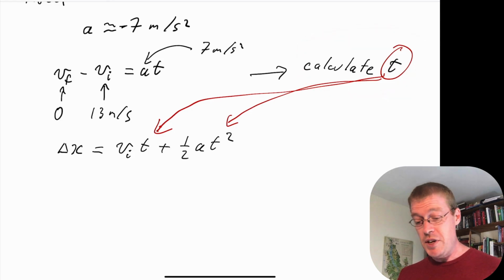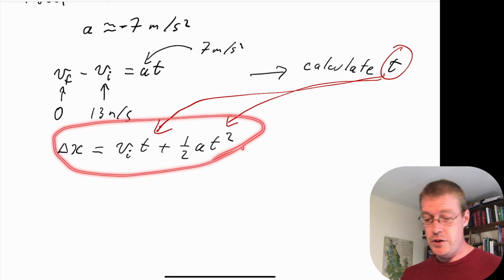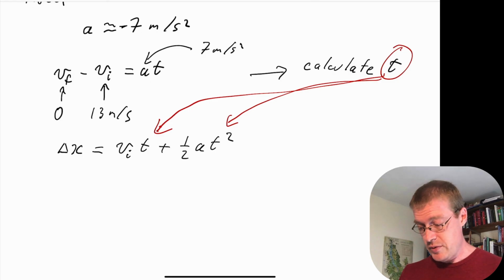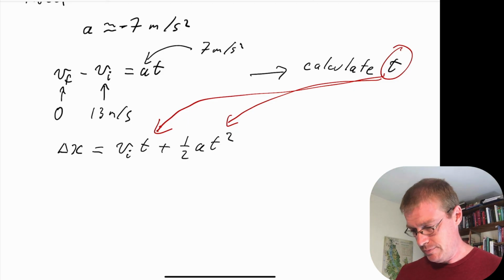Okay. Where it becomes really useful is if you're given the distance, in which case solving this equation for time is a quadratic equation, and then substituting that into here is a pain. Okay, but the formula we're going to get is going to be good no matter which direction we're trying to go. And that's why this is useful.